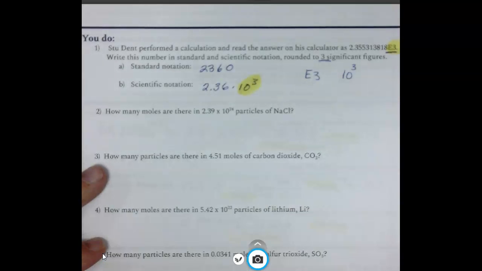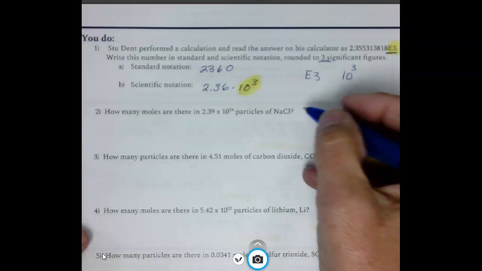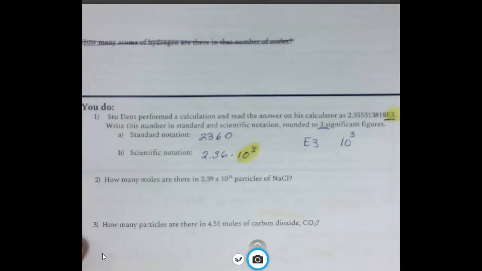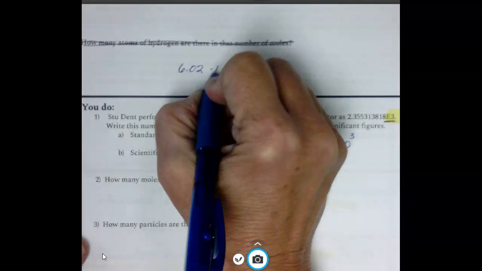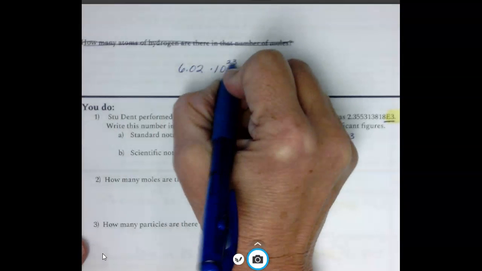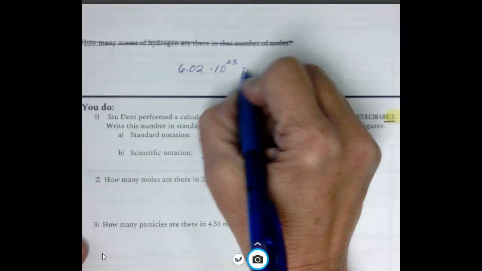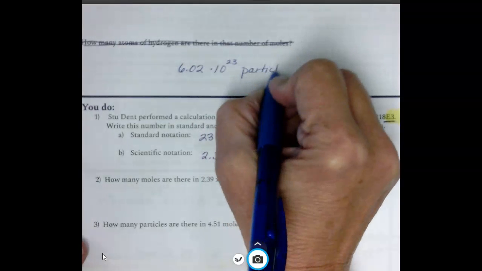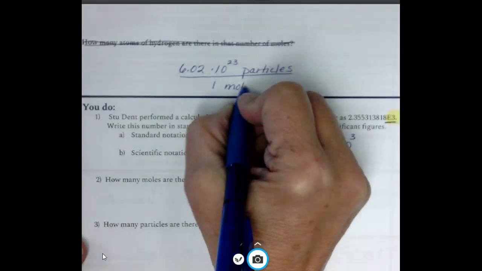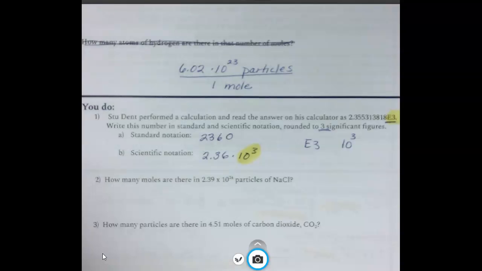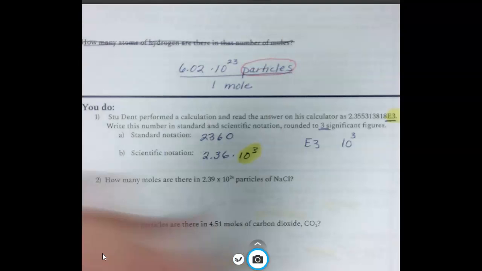Just remember, we're just wanting to know, if I have this many particles, how many moles would that mean? And Avogadro's number says that there are 6.02 times 10 to the 23 particles per 1 mole. Now remember, guys, that this word particles is not set in stone.